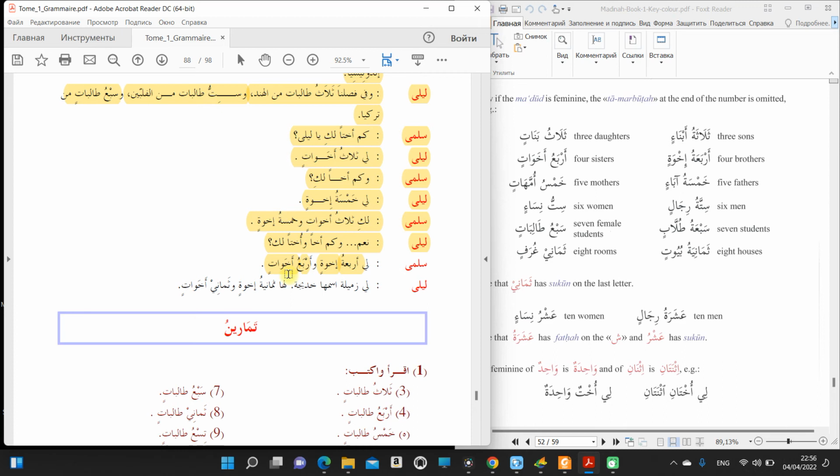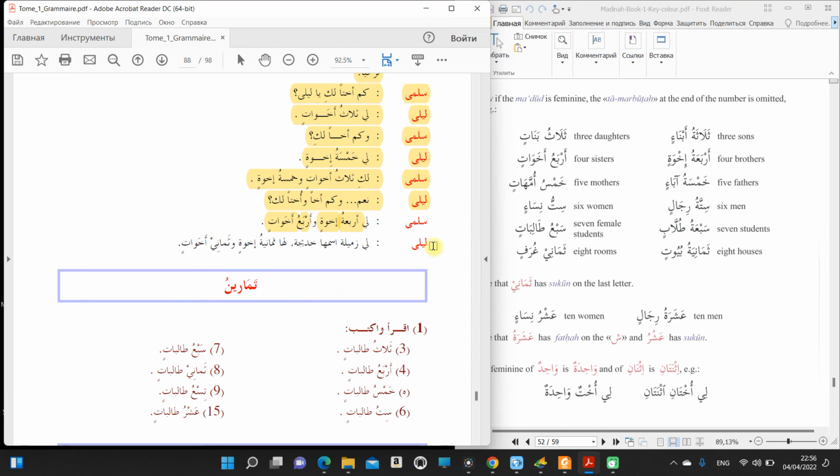So yeah, in English, 4 is just 4, whether you're talking about feminine or masculine. But in the Arabic language, it's not just arba'atu, but it is also arba'u without ta marbuta, depending on what ma'dud is meant in this sentence, if it's feminine or masculine.